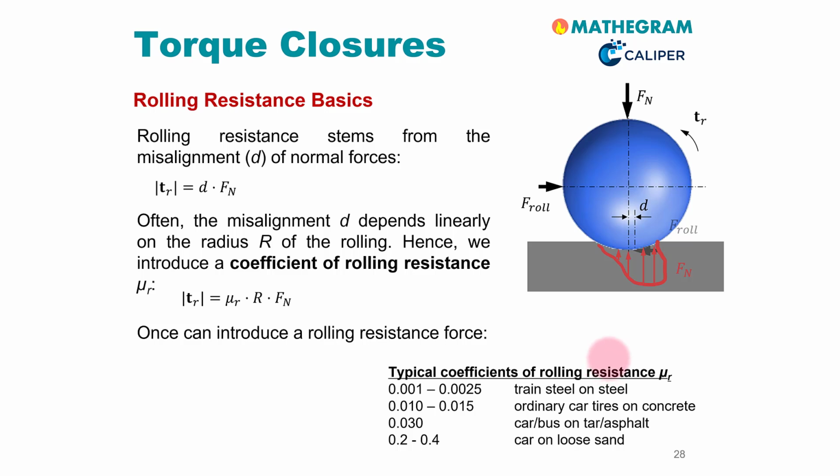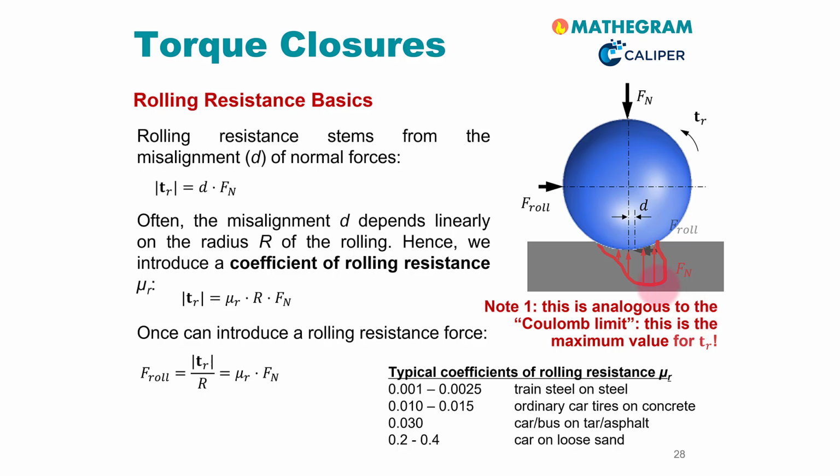It is also possible to introduce a rolling resistance force, F roll, which of course must also induce a tangential force. There are now two important things to know. First, this rolling resistance torque is analogous to the Coulomb limit. It's the maximum value of this rolling torque that we can experience, and in real life it will depend on how hard we push.